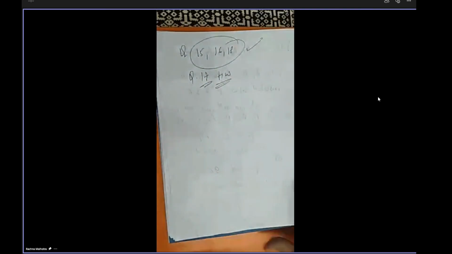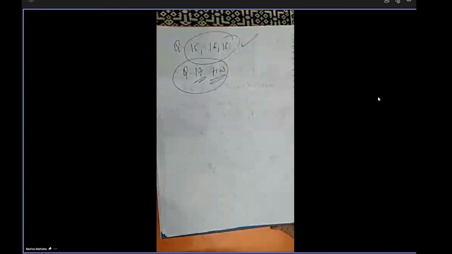So these three are left. You can also try these three. In the next class, when sir takes your class, just tell him these three are left. After that, we will start geometric progression.